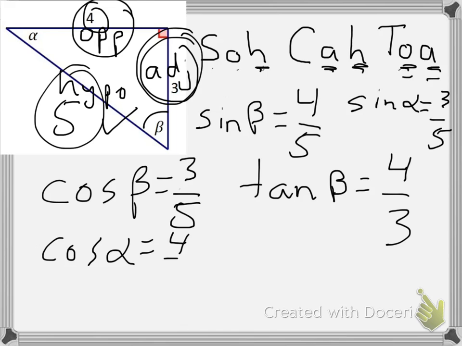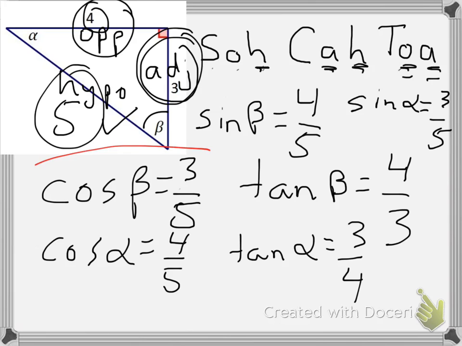And then if you compare the tangent of alpha, you get 3 over 4. So it looks like cosine beta is the same as the sine of alpha. You notice they're just opposite angles, so they use the opposite of it.